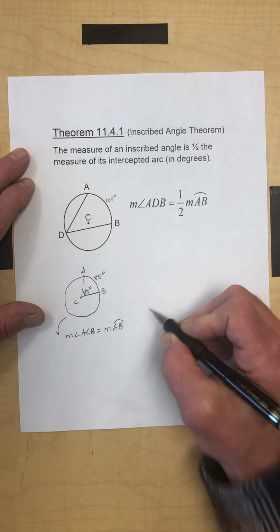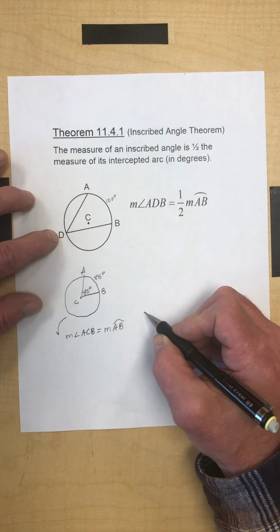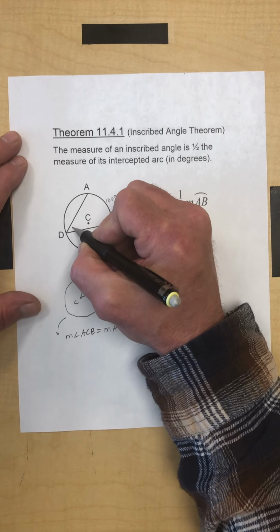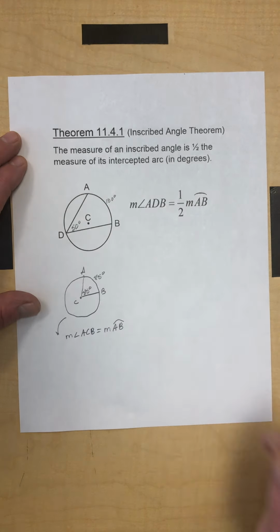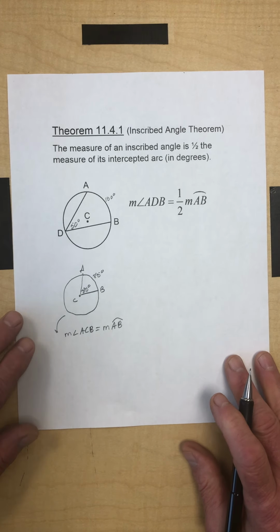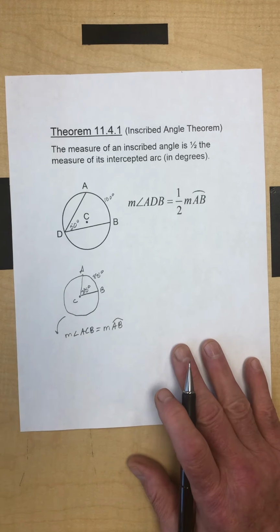Then the measure of inscribed angle ADC has to be half of that, so that would be 50 degrees. I'm pretty sure we talked about this right before we went on hiatus, so I'm sure you guys will be fine with this.